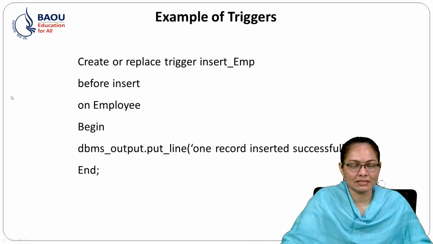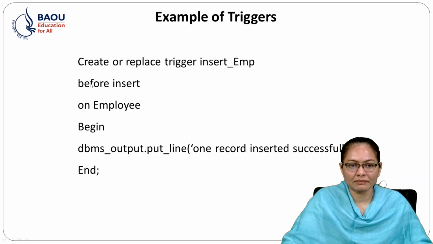It is a simple example. This trigger is fired when we insert data into the employee table, and before inserting the data into the table, this trigger is executed and displays the message that one record was inserted successfully. In the same way, we can create the trigger on a delete or an update operation also.